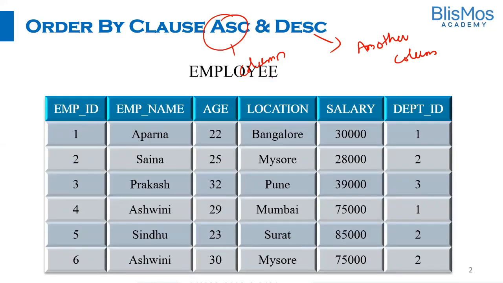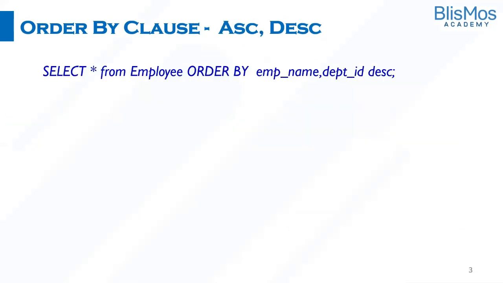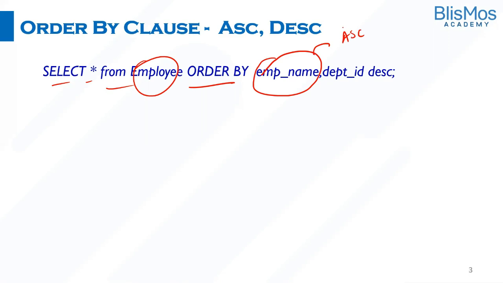Okay, we'll take an example here. We have a table called employee with these records like employee ID, name, age, location, salary, and department ID, and we have some 6 records here. If you want to sort columns in both ascending and descending order, what you have to do is SELECT * FROM employee, this is the table name, ORDER BY, and specify the columns. For example, employee name, by default it will take the ascending order, and I'm specifying one more column.